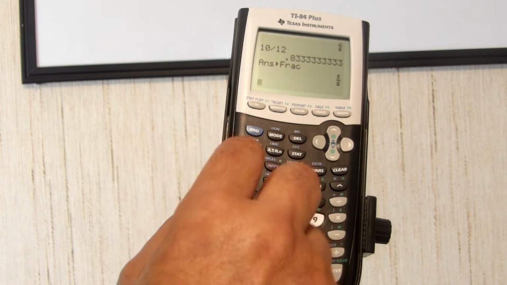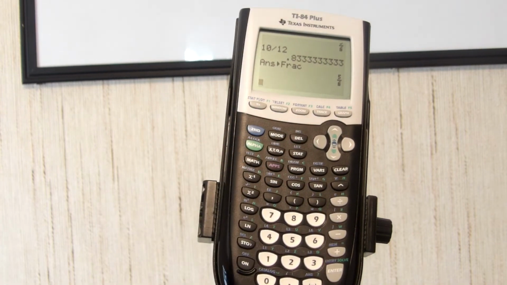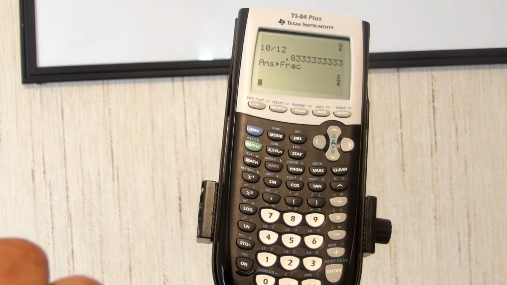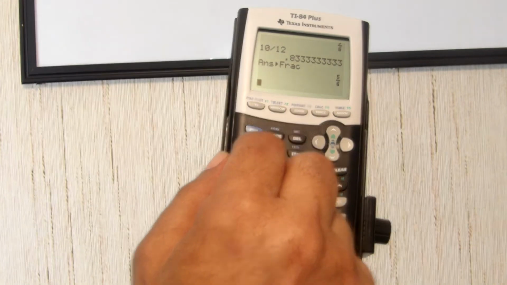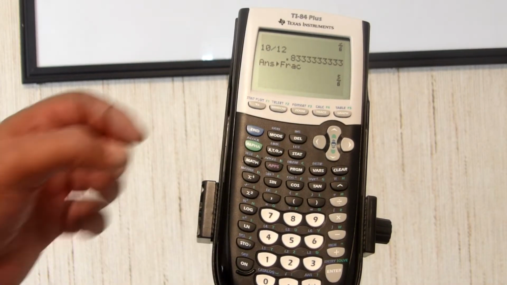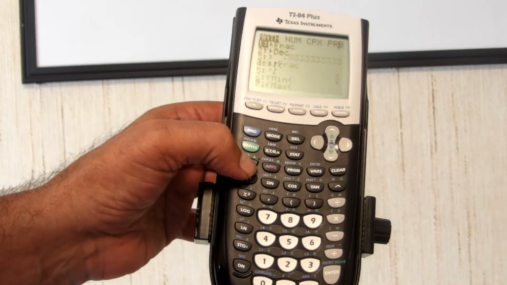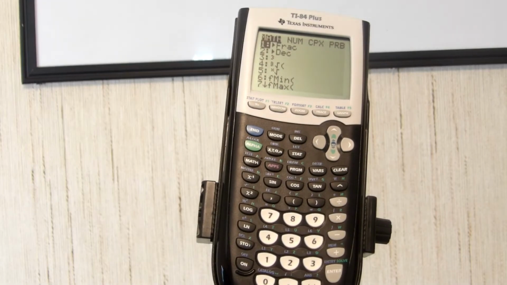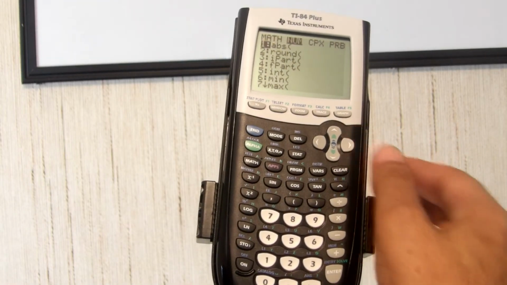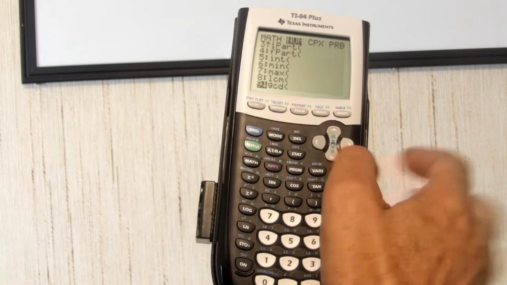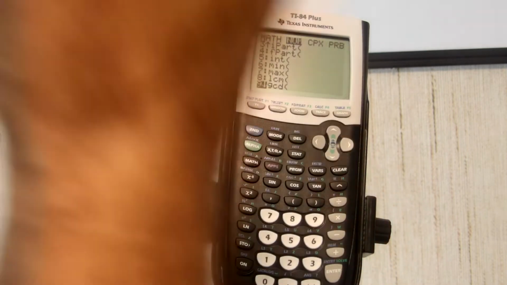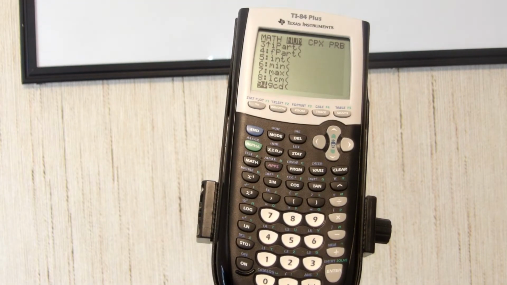The way you use it, you want to find out, there are two numbers, 24 and 30. We want to find GCF. Math, go to num, and then you go down to GCD, greatest common divisor.